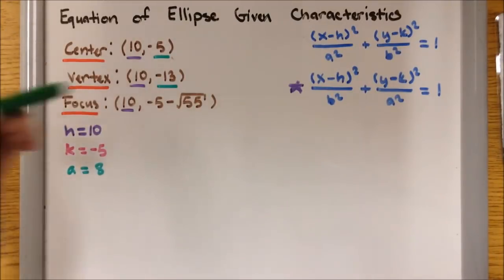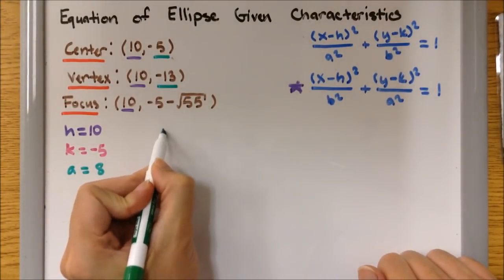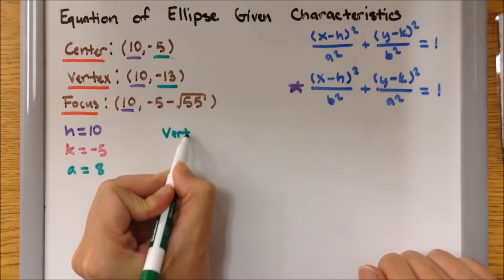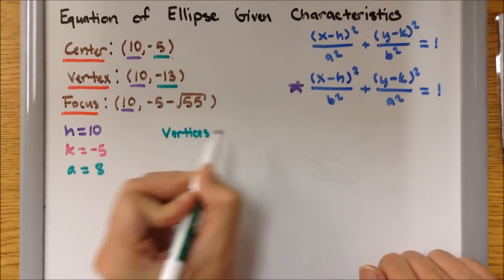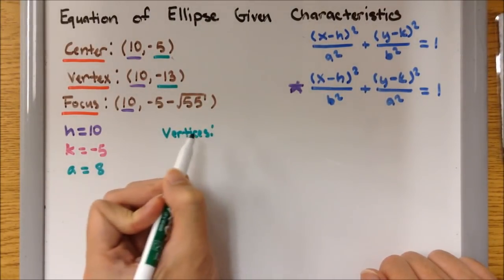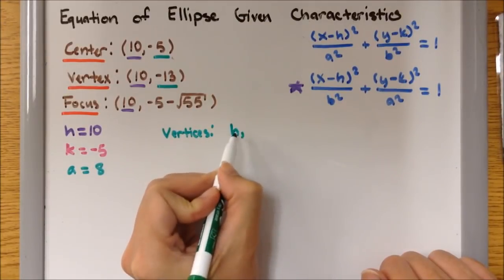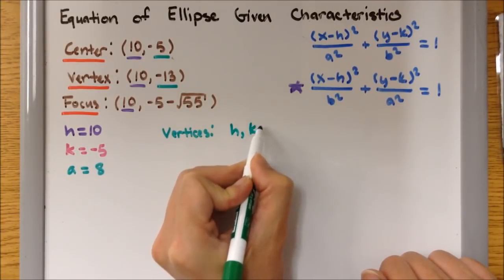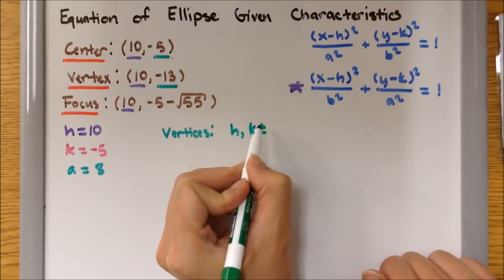The only thing that's different is these values here. Now I'm going to write the formula for vertices: h, comma, k plus and minus a.